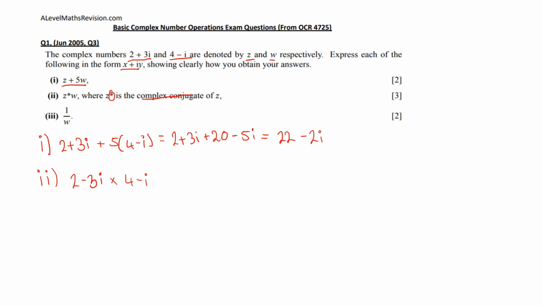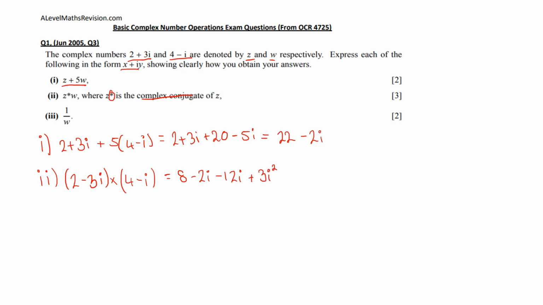So let's put these in brackets. Then we're just going to times each term out, so we're going to get 8. 2 times minus i is minus 2i. Minus 3i times 4 is minus 12i. And then minus 3i times minus i is positive 3i squared.